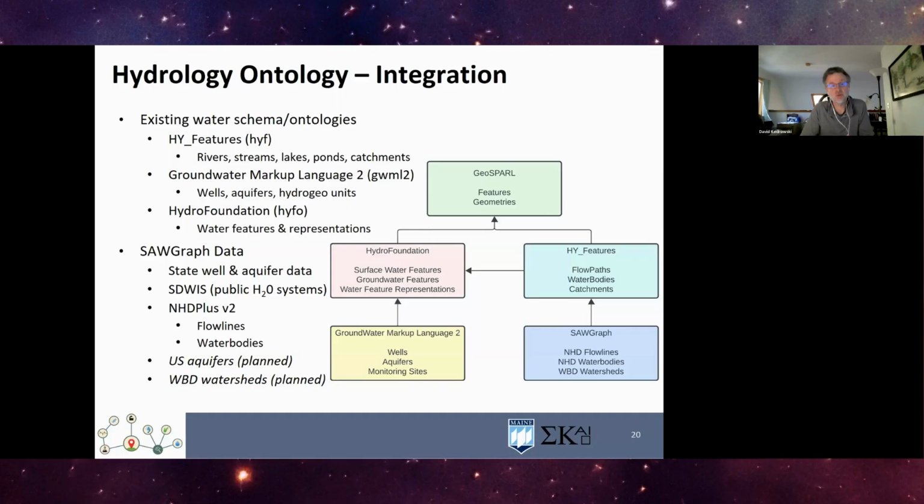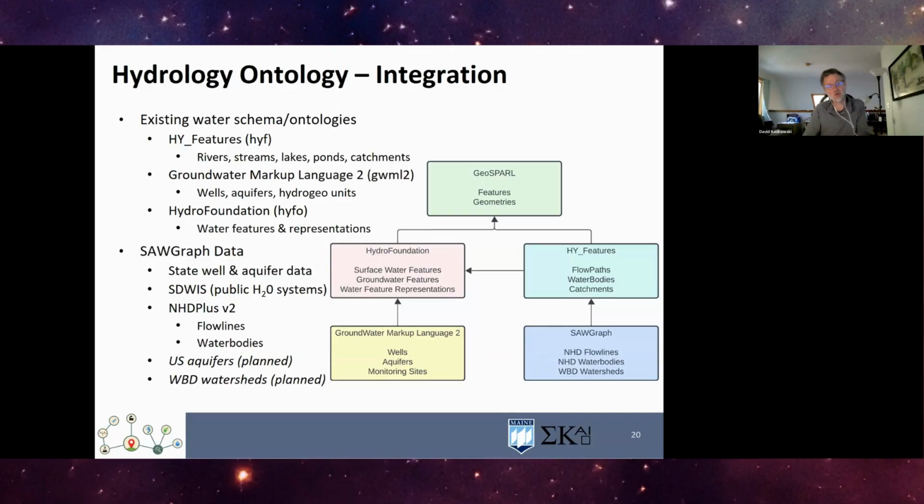And HY_Features and Groundwater Markup Language are really more schema than ontologies. So there are a variety of efforts going on to kind of get these into useful form for us and also to begin to connect them to each other. The Hydro Foundation ontology, HyFO, has started to do this, and we are expanding it and trying to use it to do more of the integration of the surface water to the groundwater.